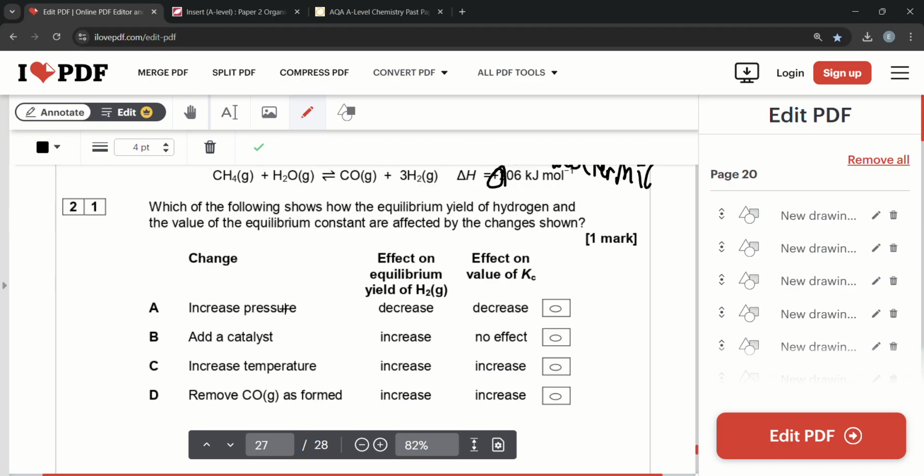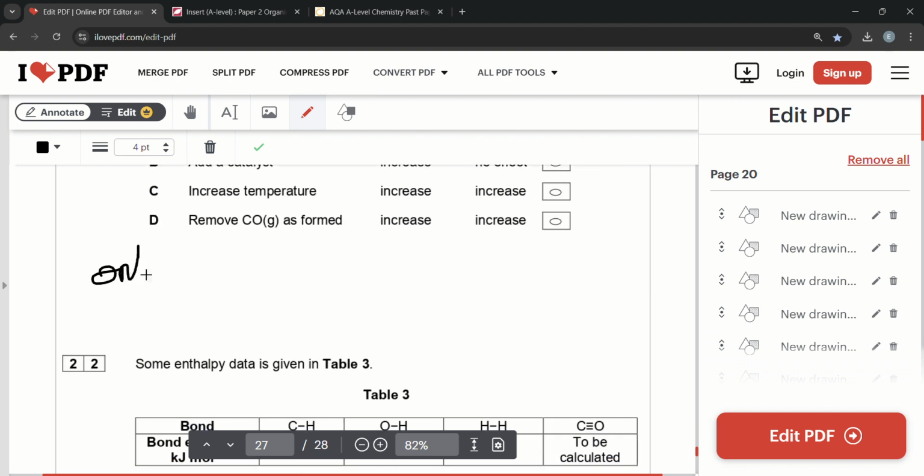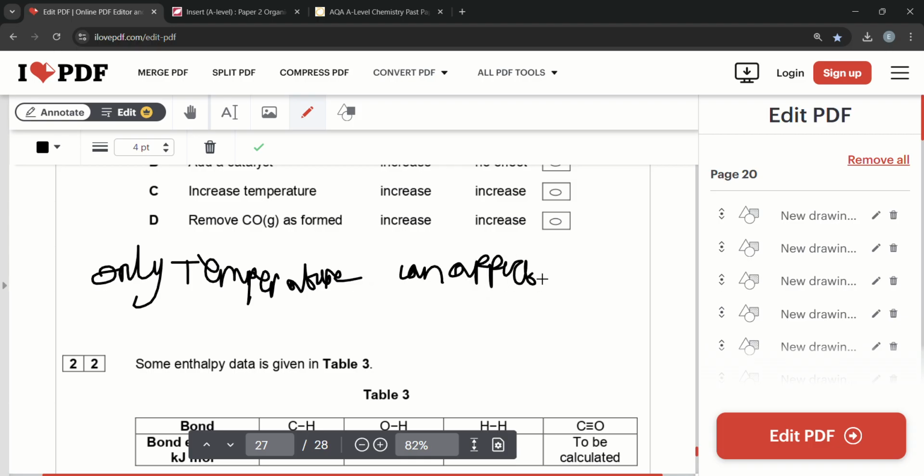Increase the pressure, the effect on the value of Kc decreases, and the effect on equilibrium yield of hydrogen decreases. That might be correct, I don't know, but I know that is incorrect, because only temperature can affect the value of Kc, and just by using that key fact that you should definitely know off by heart, I can find out the answer.